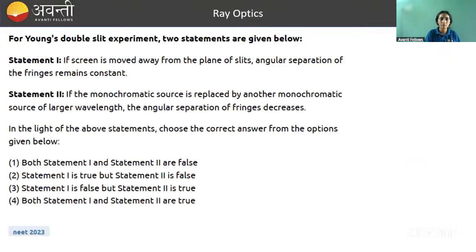Now do this question and let me know your answer. Yes, you just have to read the statements.